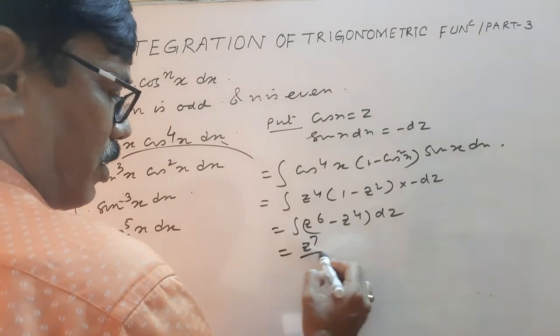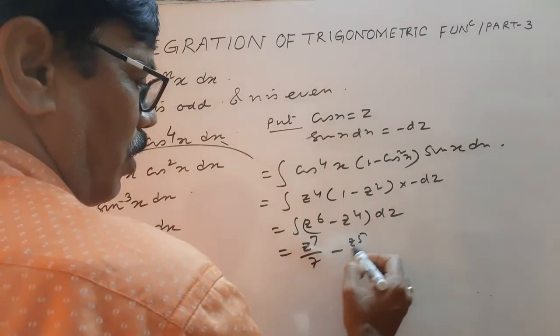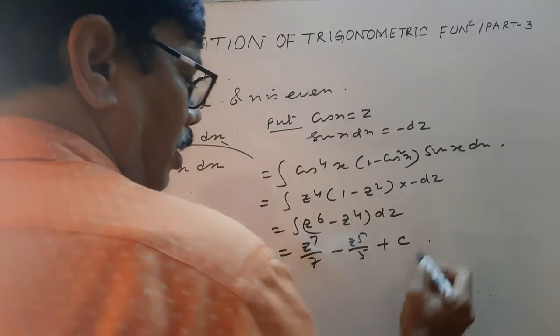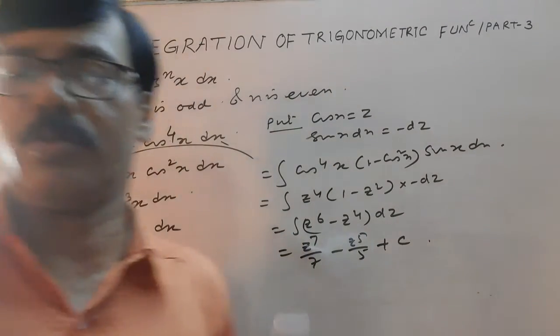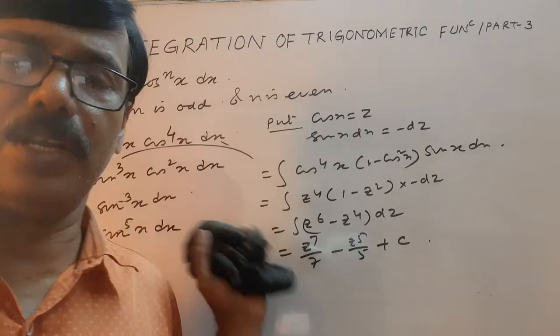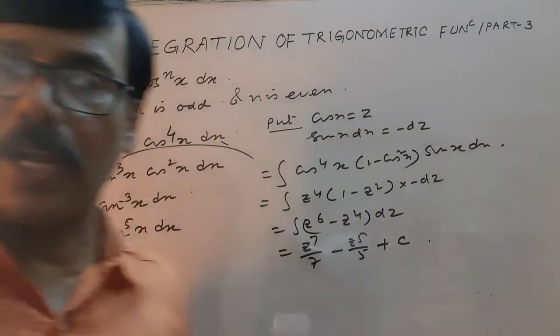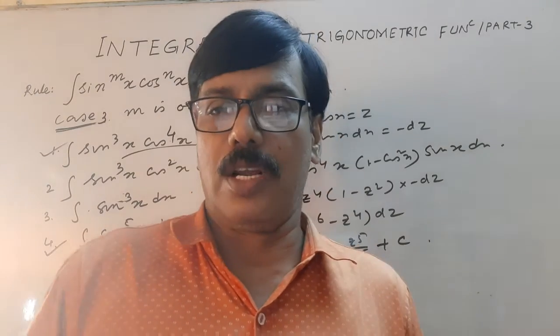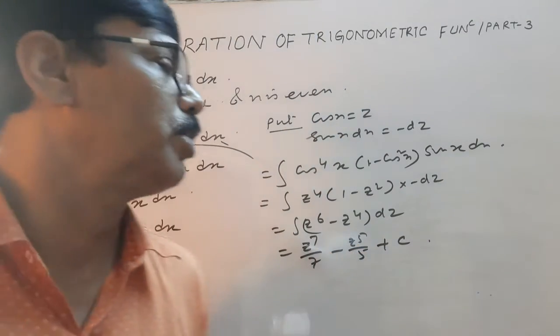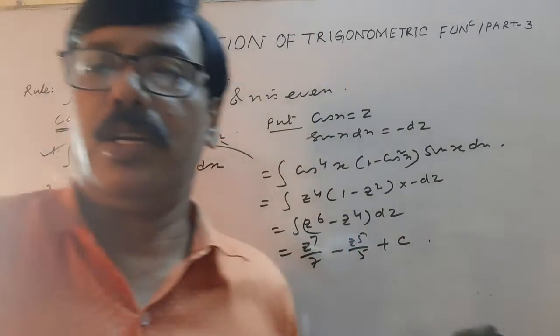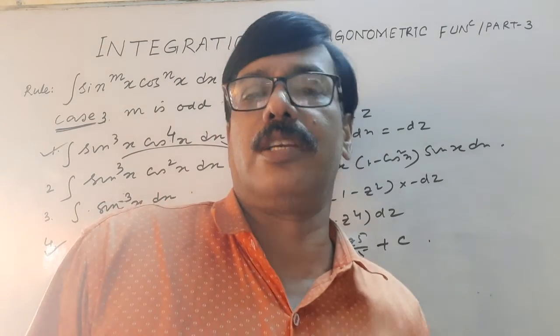So z to the power 7 by 7, z to the power 5 by 5 plus c, where z equals cos x. So very simple. If you know the rule, you can put the exact transformation. Otherwise, you have to use the hit and trial method.